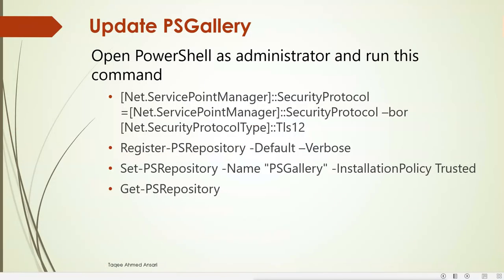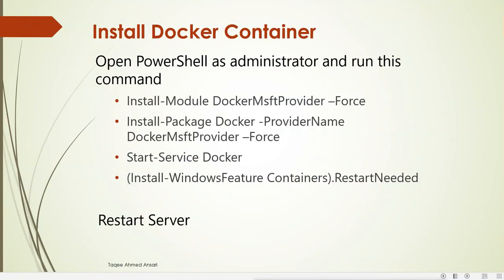Now it is done. Now when I try again to run Get-PSRepository, it says this is trusted. Previously it was saying untrusted, now it is saying trusted. So now we have updated the PowerShell gallery.